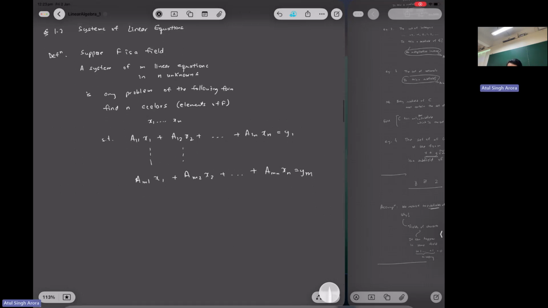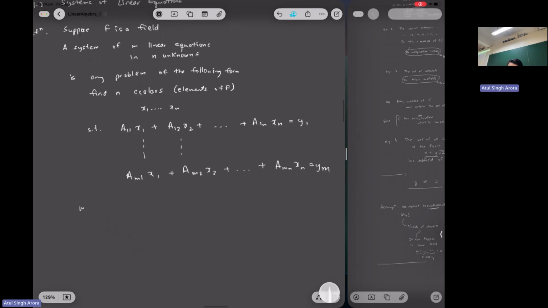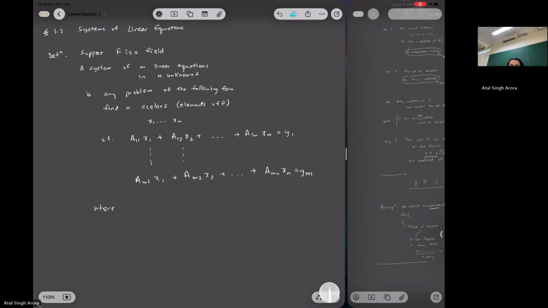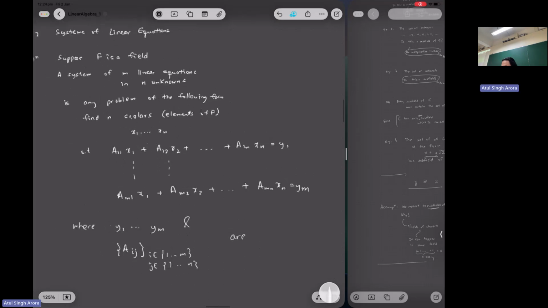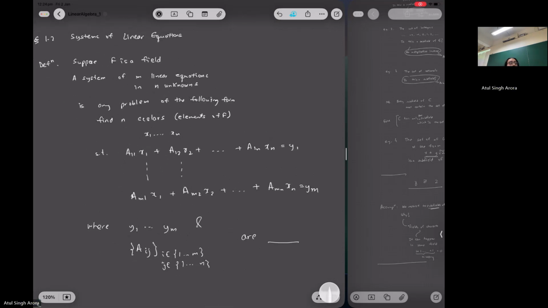Oh shoot, I didn't complete the definition. Where y1 to ym and aij, where i goes from 1 to m and j goes from 1 to n, are, we have to complete our what? What would you guess it to be?